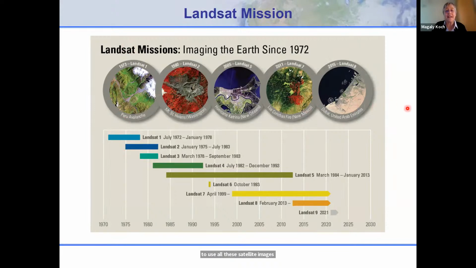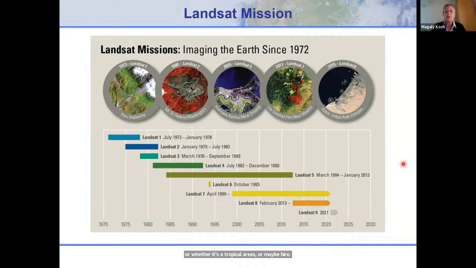And to use all these satellite images for different applications. And again, monitoring and time series analysis is a very important goal. So we want to, for example, here observe certain landscapes, right? Very different landscapes here, whether it's coastal areas or mountain areas, or whether it's tropical areas, or maybe in higher latitudes.